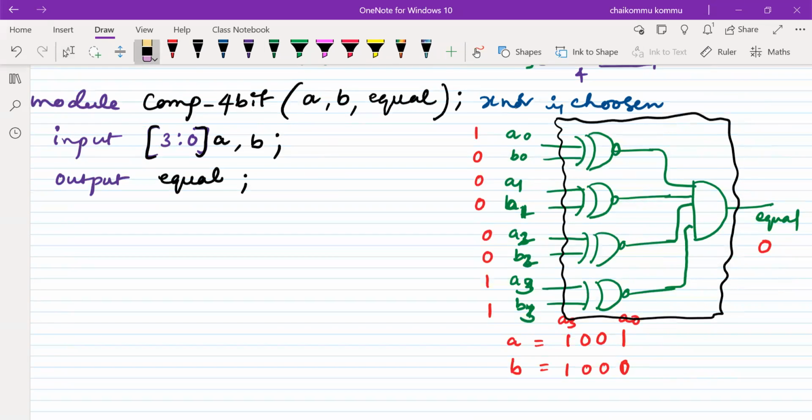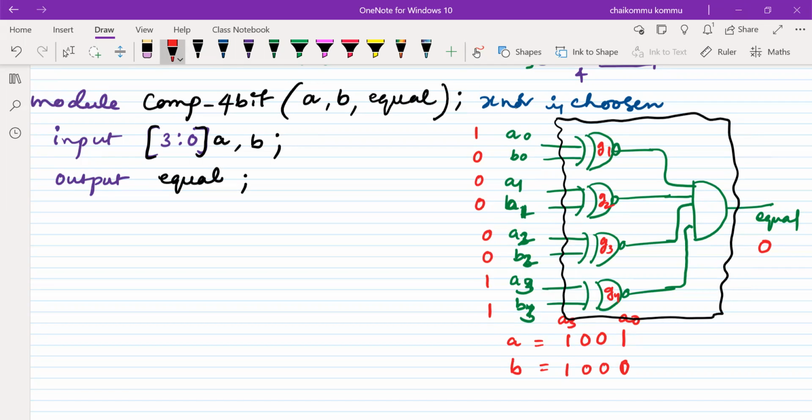This is the internal circuitry actually. If you want to describe the gates, G1, G2, G3, G4, or otherwise I can start with G0, G1, G2, G3, and this is called G4.